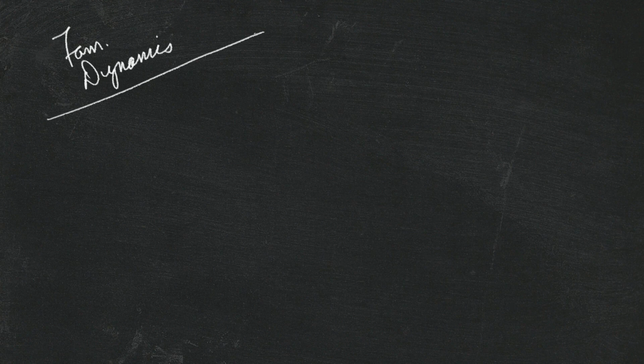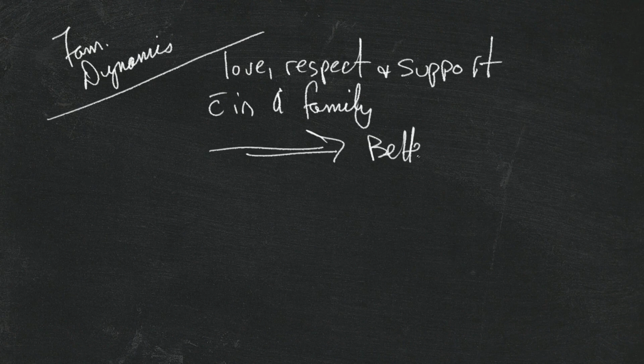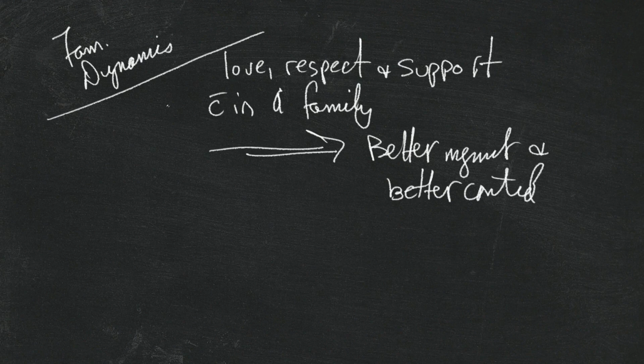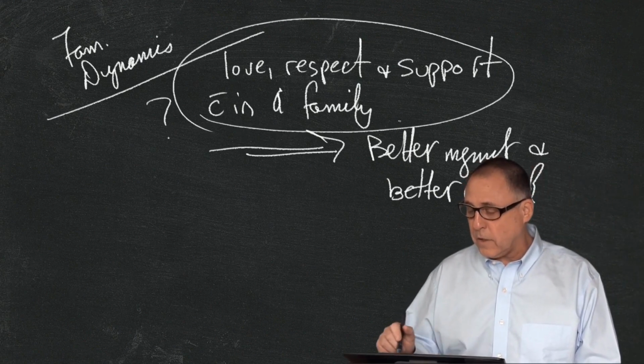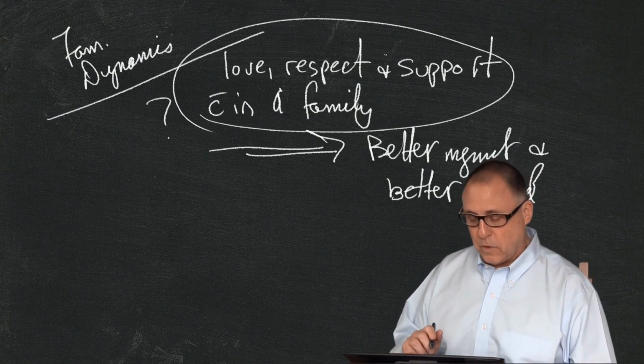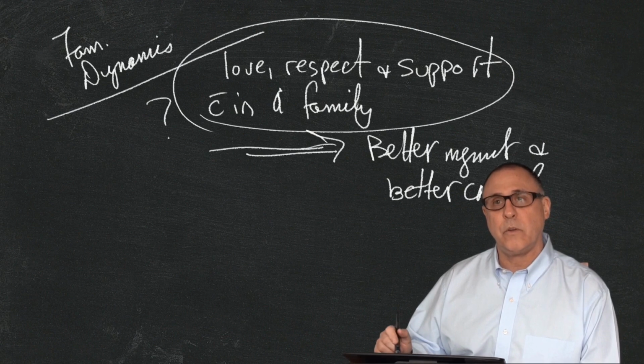openly talking about it. What they have found is that love, respect, and support within a family equals better management and better control. Why? Well, I think it makes sense. If you're feeling loved and respected and you're feeling supported in doing what you need to do, then it's easier to do what you need to do.